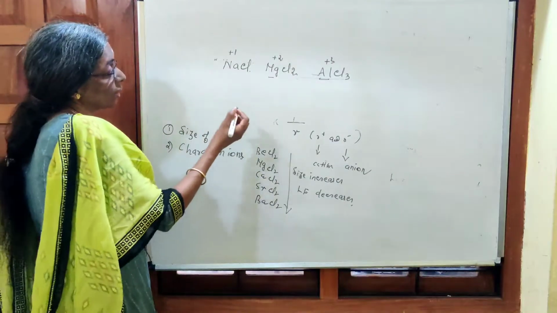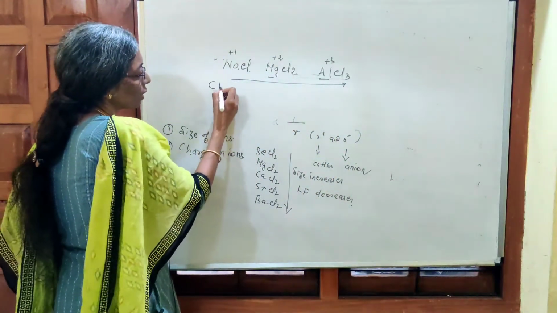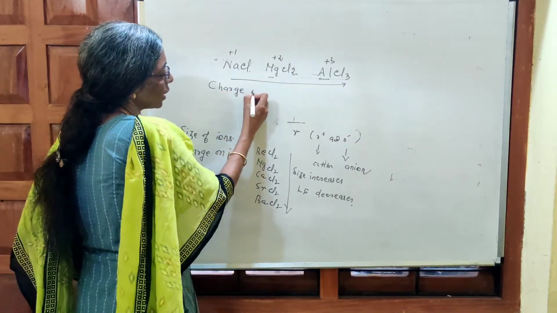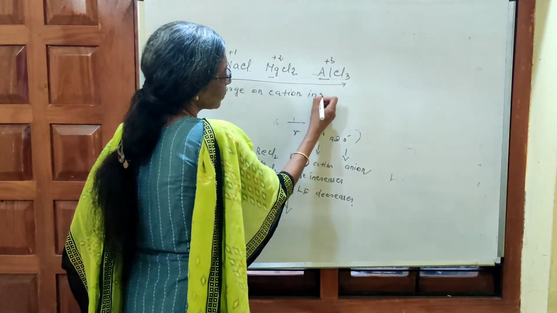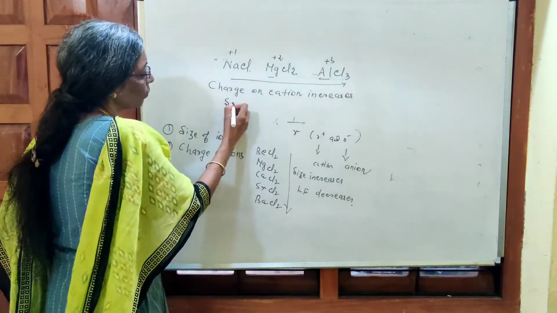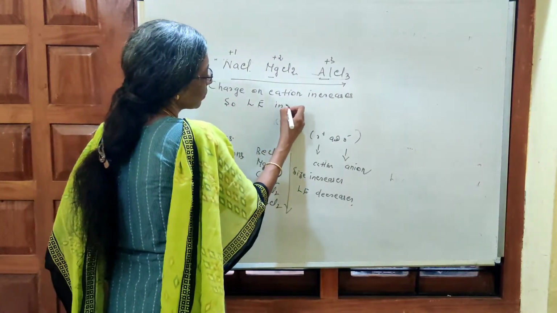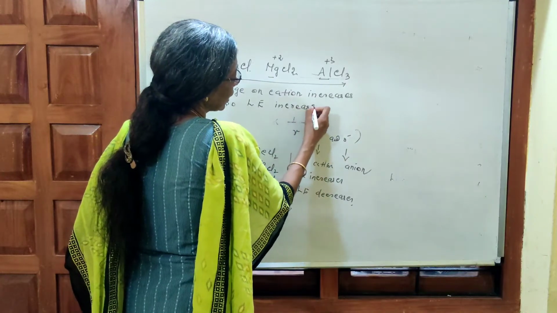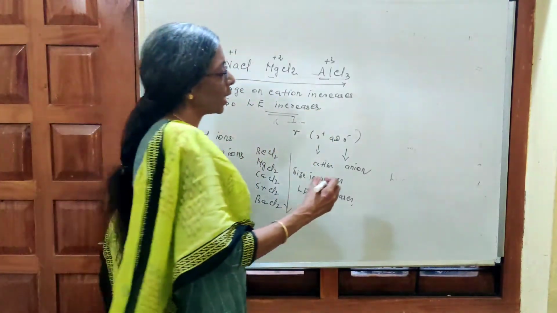So when you move from left to right, the charge on cations increases. So lattice energy increases.